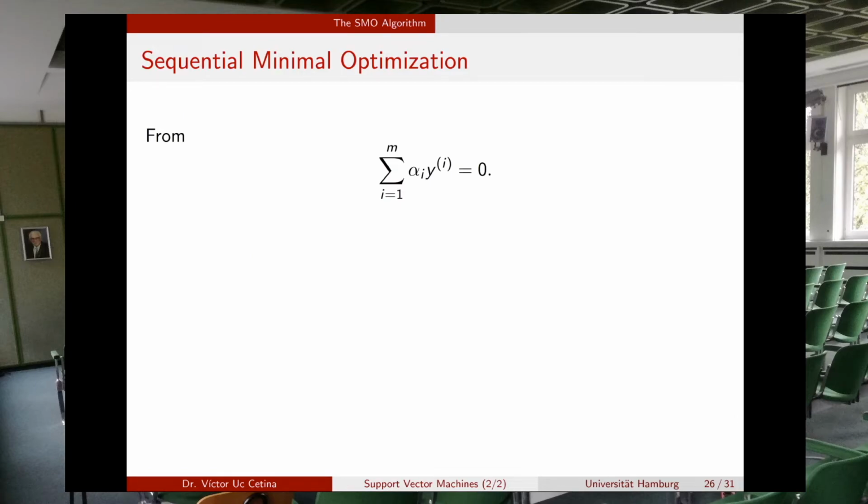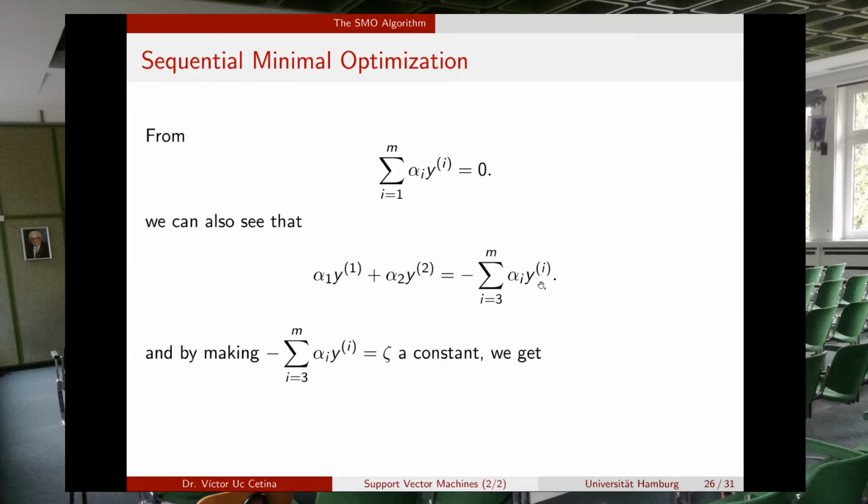So from this constraint, where this should be 0, we can also write this expression, just emphasizing the sum of the products for the first two alphas, alpha 1 and alpha 2. This will be equal to minus the sum of the remaining products.